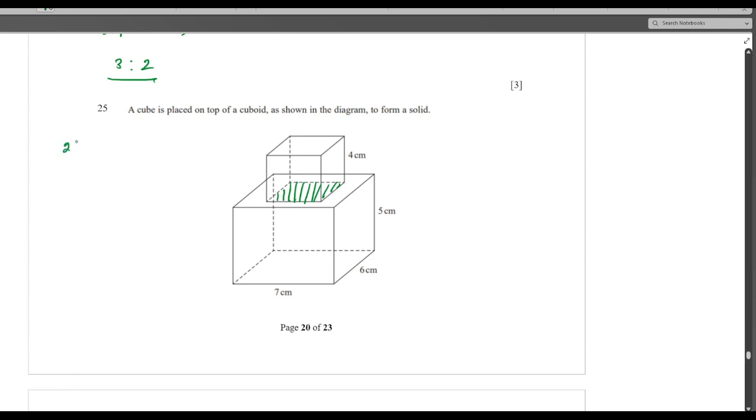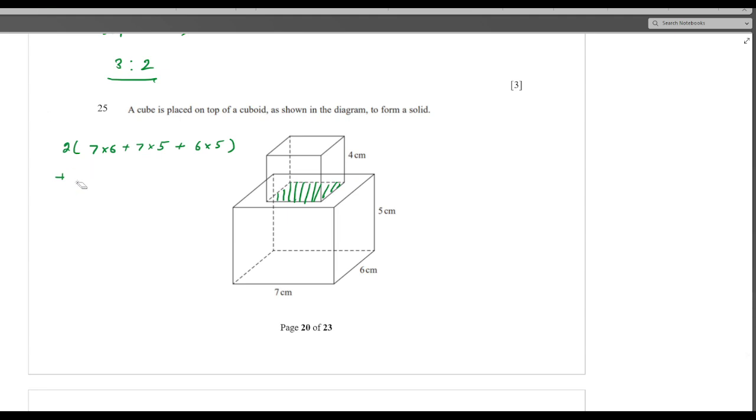So for the total surface area, it is the total surface area of the cuboid, which is 2 times 7 times 6 plus 7 times 5, LB plus LH plus BH, 6 times 5. This is the total surface area of the cuboid, plus the total surface area of the cube, 6 times L square, so 6 times 4 square, minus from this cube I will subtract this bottom surface, and from the cuboid also I will subtract that much area.